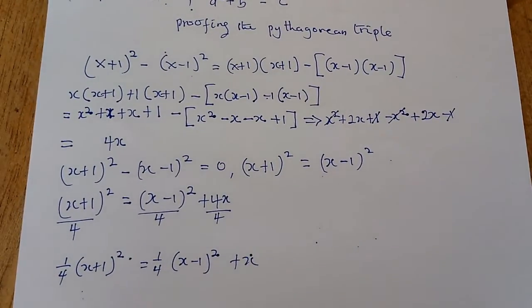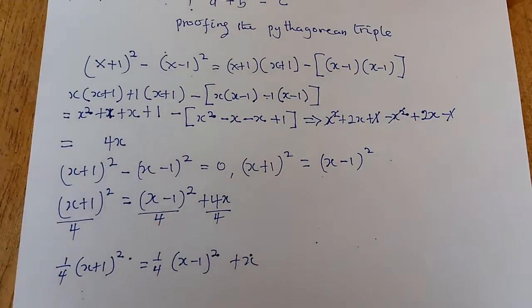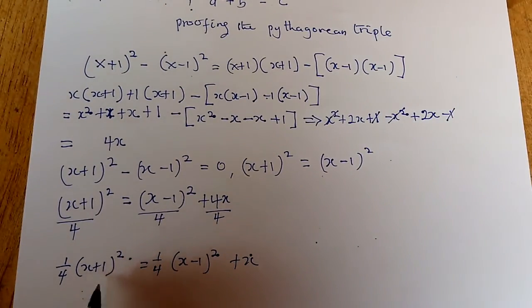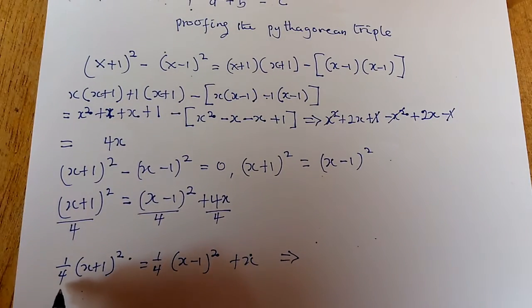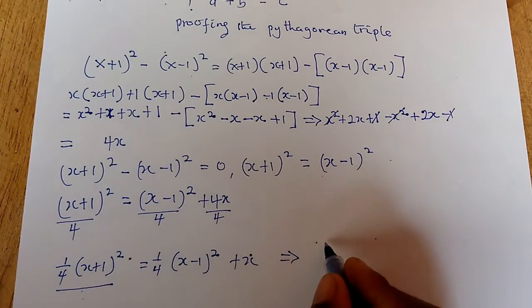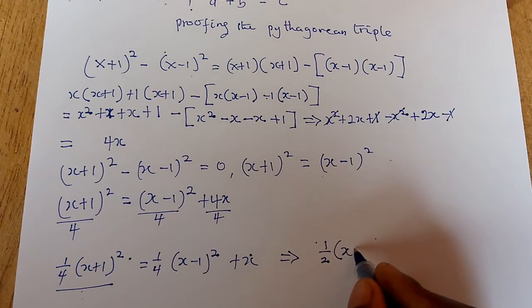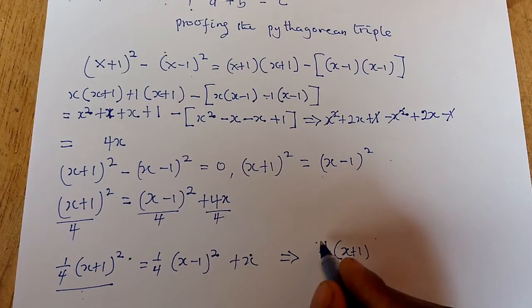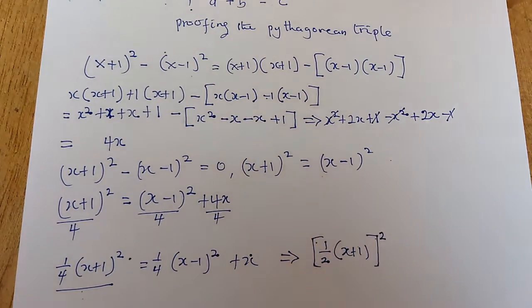Okay. So at this point, I just want us to get some expression which will be the same as this. And so I can change this expression to 1/2 (x+1), or multiply by 2, like this.